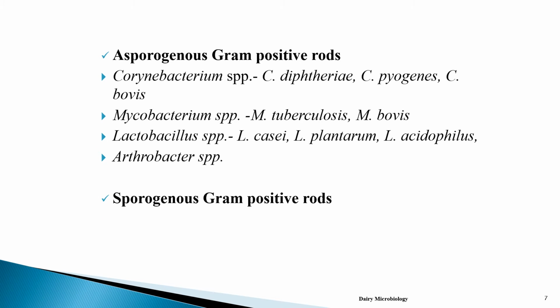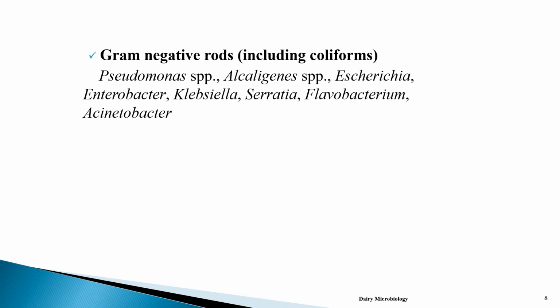Spore-bearing gram-positive rods, which include Bacillus cereus and Bacillus subtilis. Gram-negative rods, including coliforms, include Pseudomonas species, Alcaligenes, Escherichia, Enterobacter, Klebsiella, Serratia, Flavobacterium, and Acinetobacter.